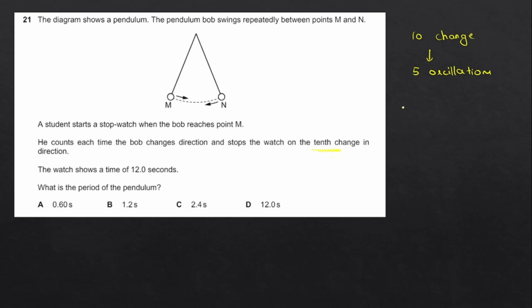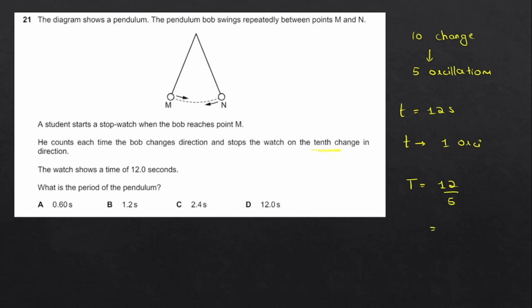Now the time taken for 5 oscillations is 12 seconds. We have to calculate the time taken for one oscillation. So the time taken for one oscillation will be 12 divided by 5.